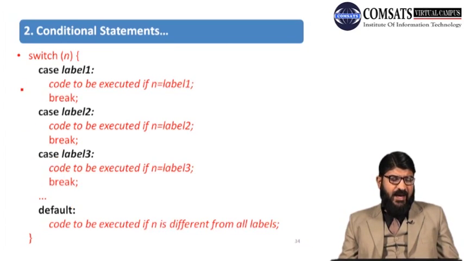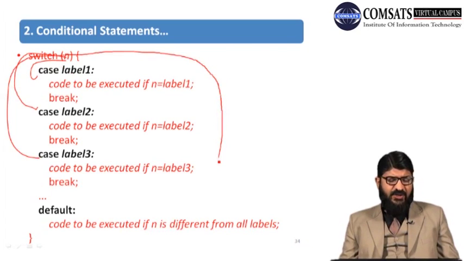So either n will match case 1, or case 2, or case 3. In case it doesn't match any condition, then the default condition mentioned over here will be executed.